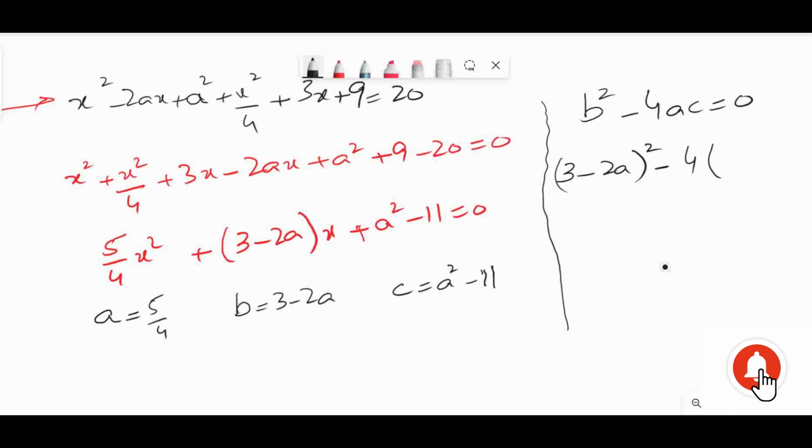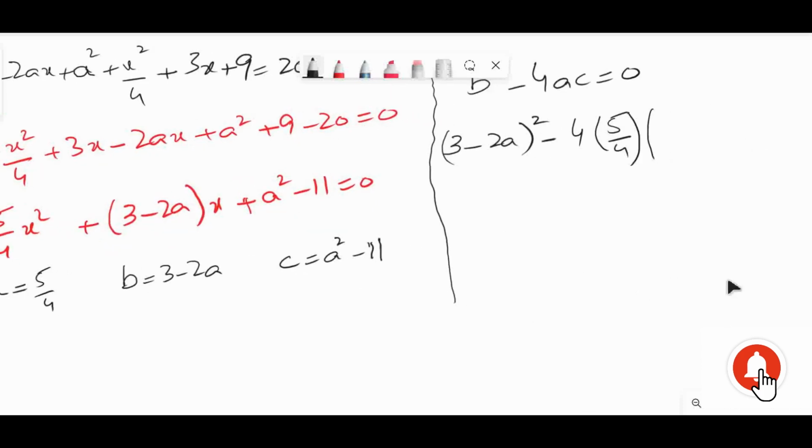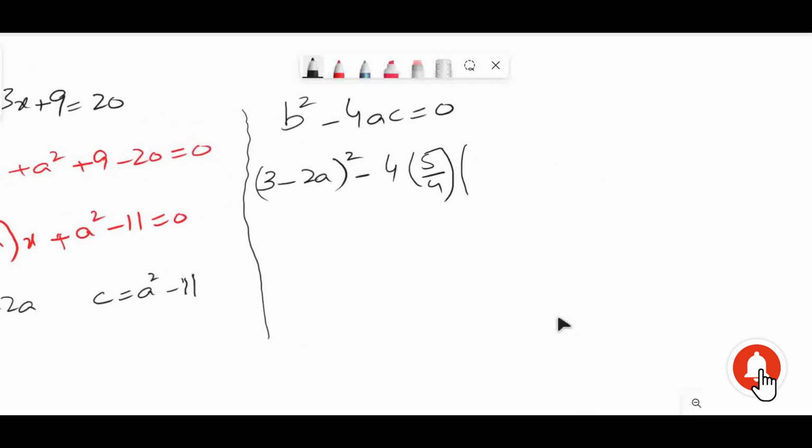What is the value of a? a is 5/4. What about c? c is a² − 11. So we can write it as (3 − 2a)² − 4 × (5/4) × (a² − 11) = 0. Let's simplify this one.